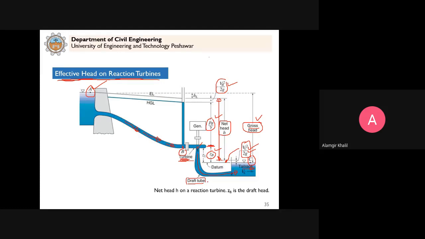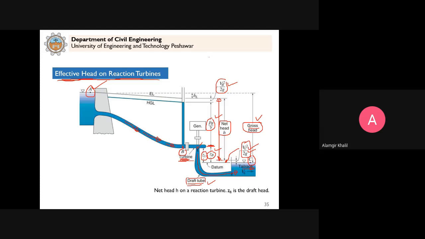So because of this draft tube, this Z which was lost in case of the impulse turbine is not lost in case of the reaction turbine. You understand? Because of the draft tube, this head is not lost. It is acting on the turbine.